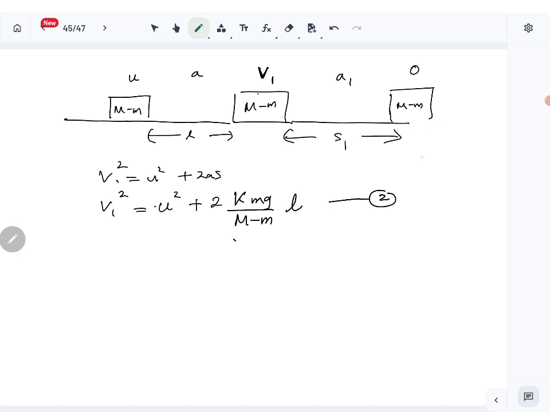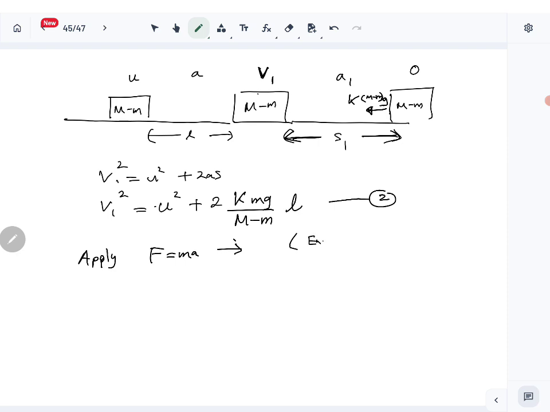Now for the second section, what is the only force acting on this? That is the resistance, because the engine stopped, no? So what is the acceleration then? Apply F equals ma in this direction after the engine stops.